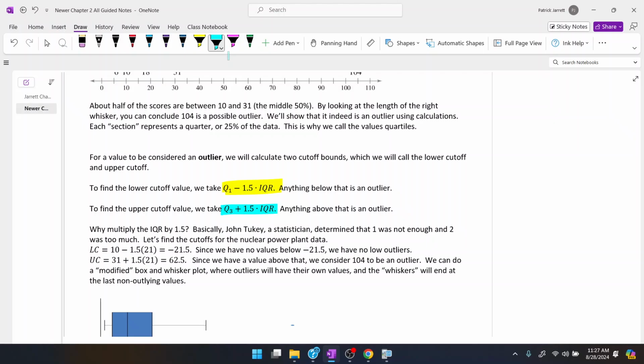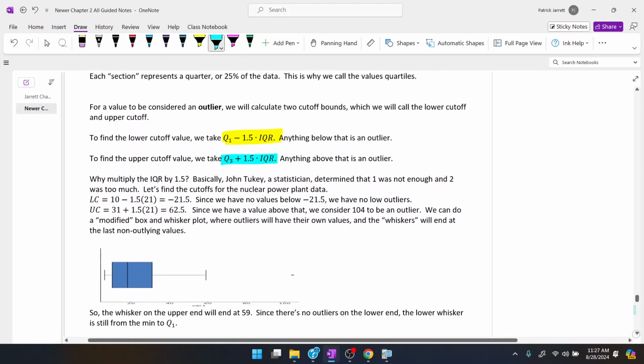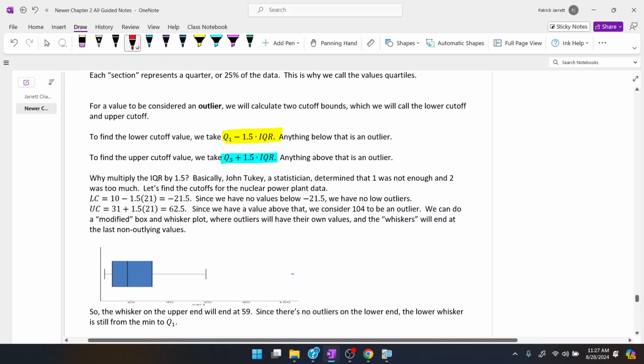Now, my lower cutoff would be negative 21.5. Since I have no values below that, there's no low outliers. However, the upper cutoff is 62.5. Now, here's what's going to happen. You do not plot the cutoffs.